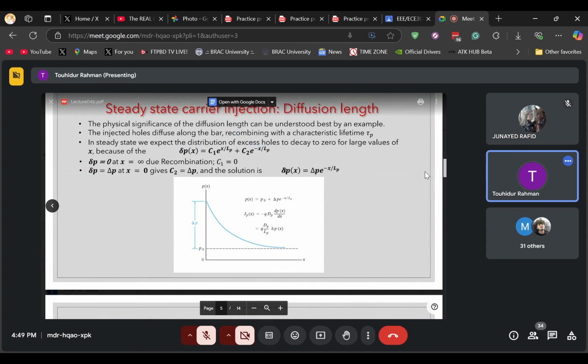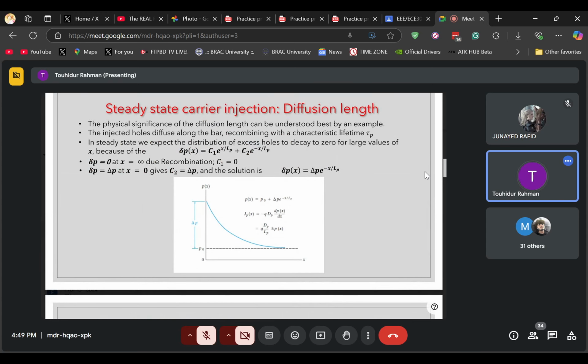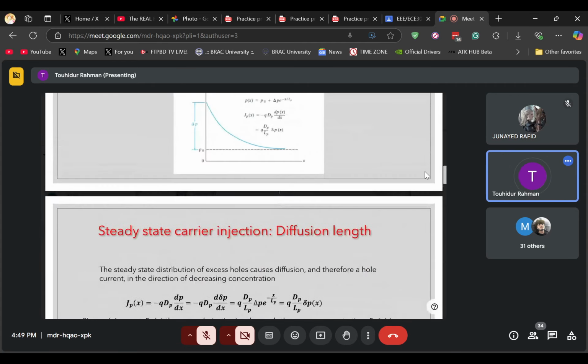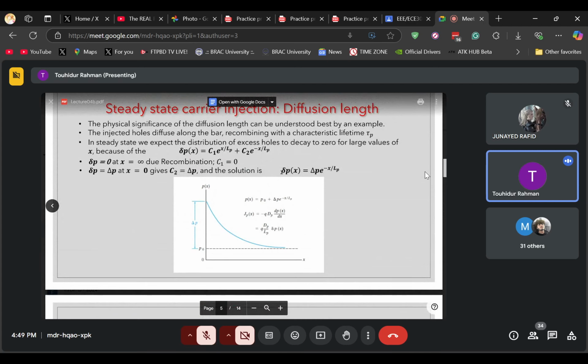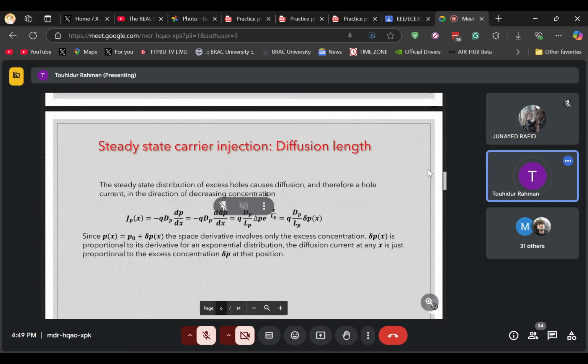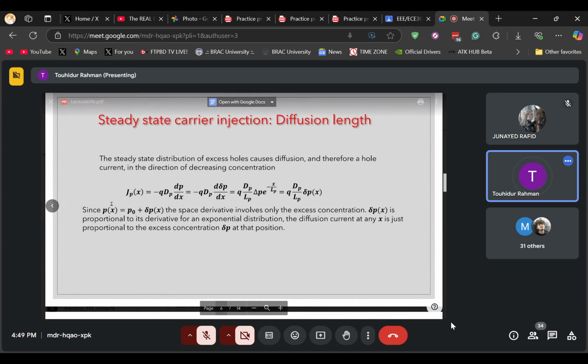All right, so we did it for holes. Now we solve the equation for holes. Now we know the distribution of holes with respect to x. Okay, let's see. Again, going back to our equation of diffusion. This is the equation of diffusion.